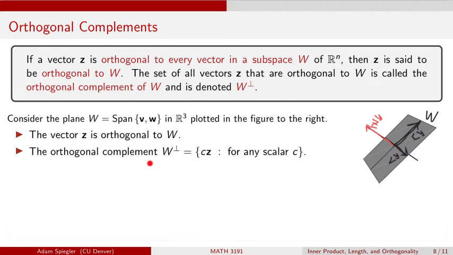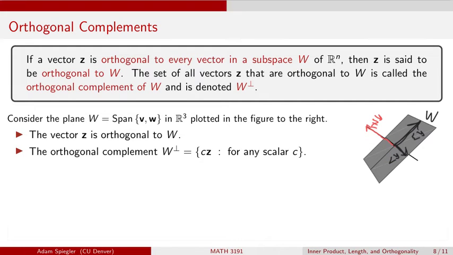And the orthogonal complement to W is going to have to be any vector which is some scalar multiple of z. So here we can pick a positive scalar multiple and move off in this direction, but we could also go in the exact opposite direction and choose a negative scalar multiple, and that also is going to be perpendicular to all of the vectors in this plane.